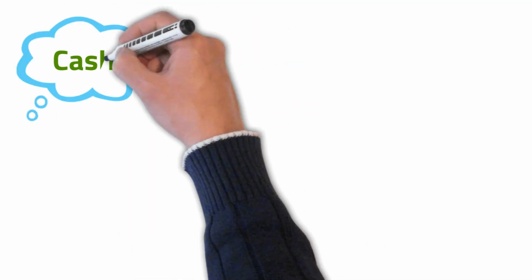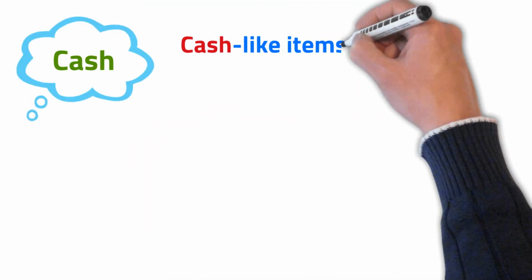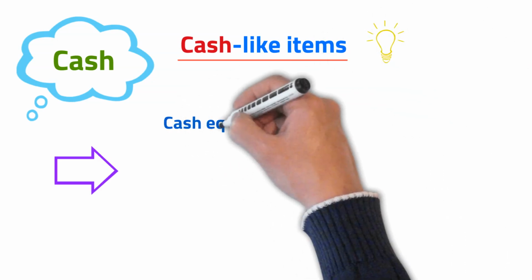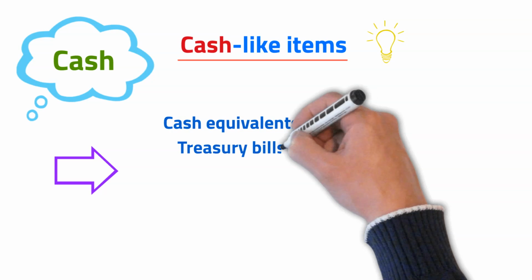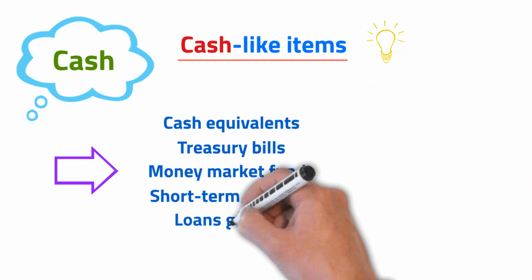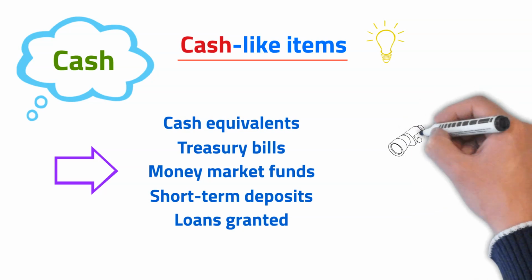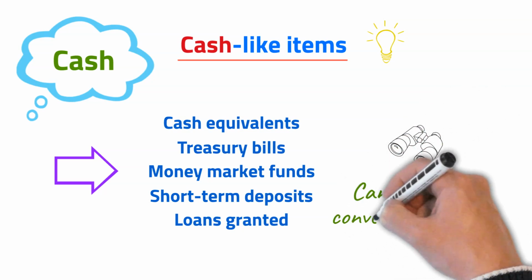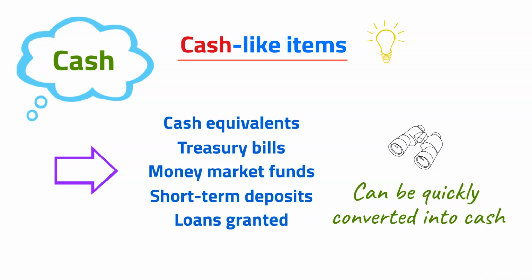Same relates to cash. Net debt is also adjusted for so-called cash-like items. These may include cash equivalents, treasury bills, money market funds, short-term deposits, loans granted. Highly liquid instruments like treasury bills or money market funds are often treated as cash-like because they can quickly be converted into cash.